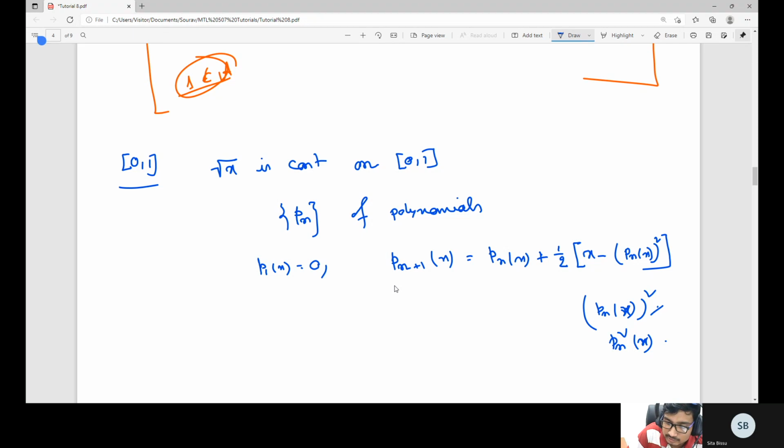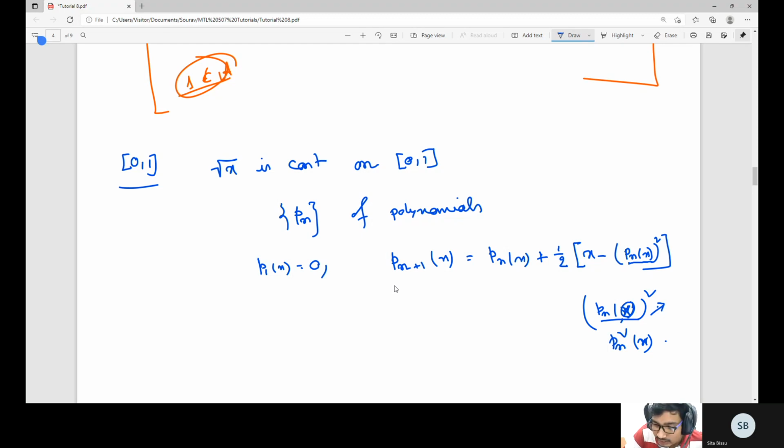Actually what we do is that here we first fix this number x, and therefore Pn(x) is a real number and we take its square. So whenever you apply Pn(x), it becomes a real number and you are taking the square of a real number.